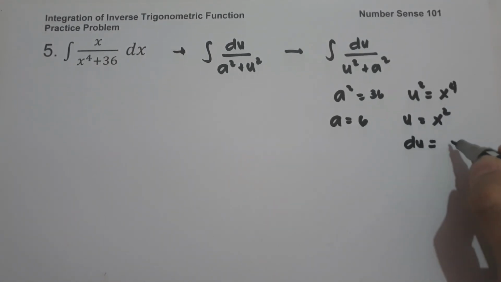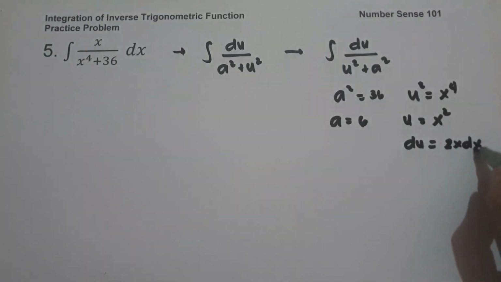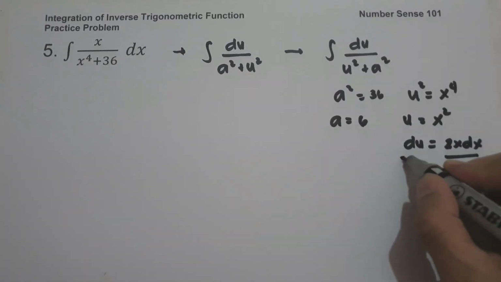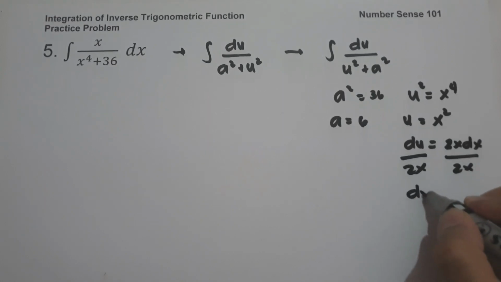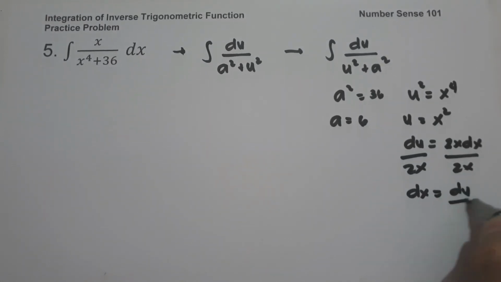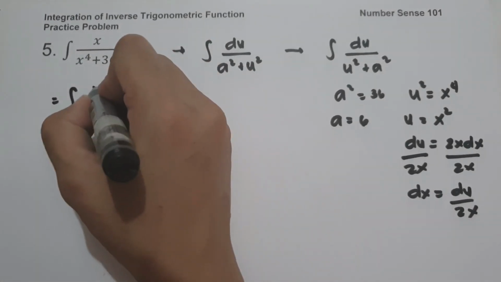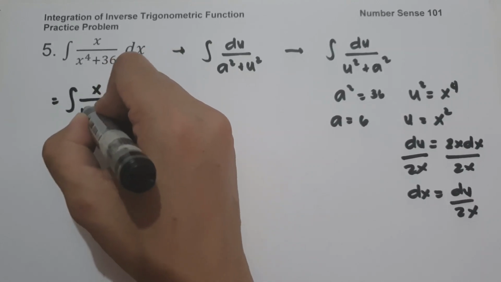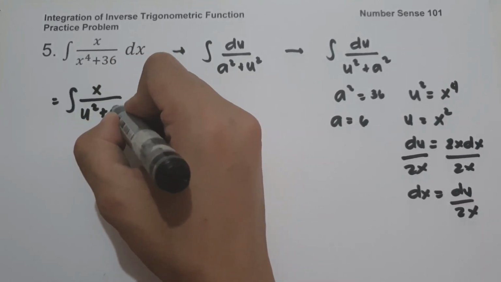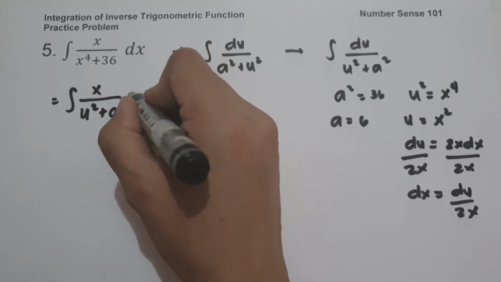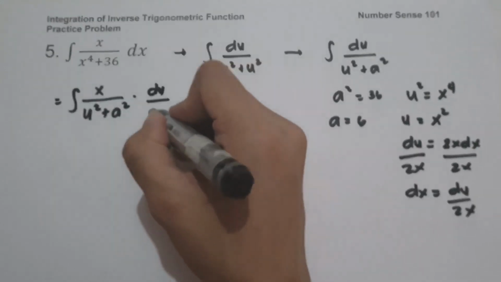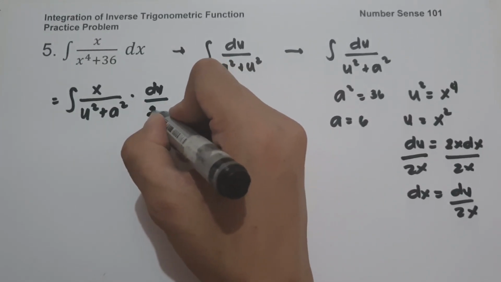And du, that is the derivative of x squared, that is 2x dx. Divide both sides by 2x. So the value of dx will be du over 2x. So let us have the antiderivative of x over u squared plus a squared. dx will be du over 2x.